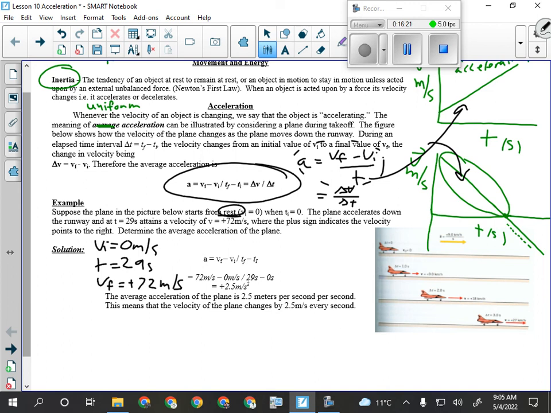So I have VI, VF, and T. I'm looking for acceleration. We just take this formula; we don't have to manipulate it because it's already set up to calculate acceleration. 72 minus 0, final minus initial, divided by 29 seconds, our time (minus 0, we don't even have to write that part in), gives us 2.5 meters per second squared.